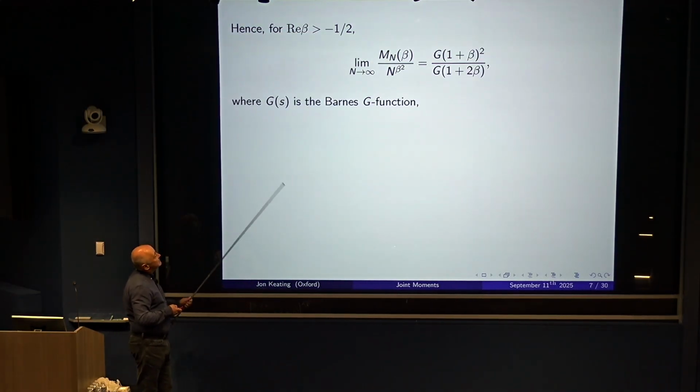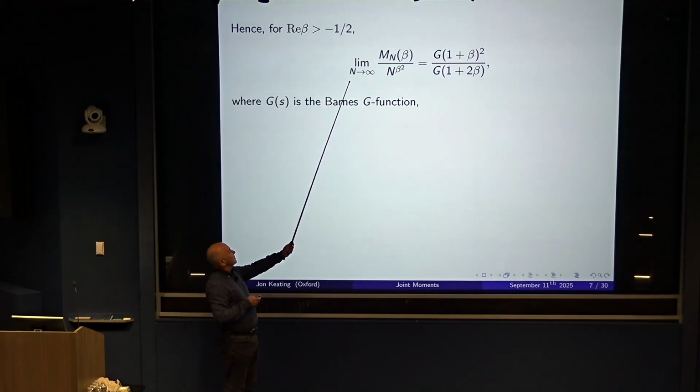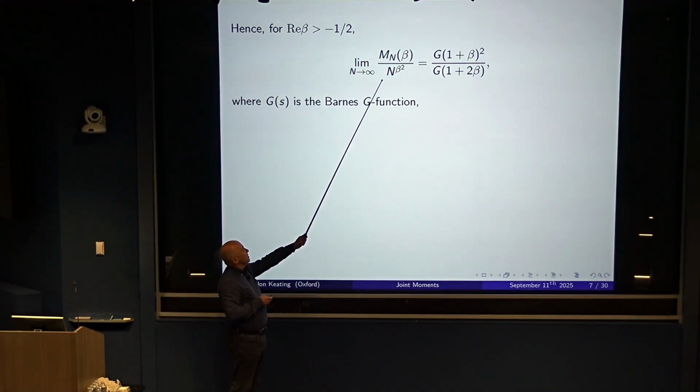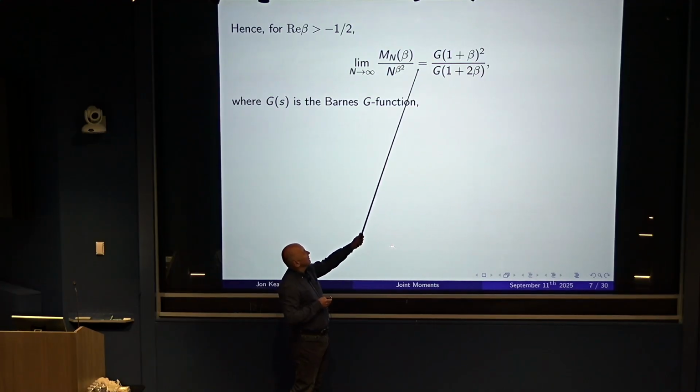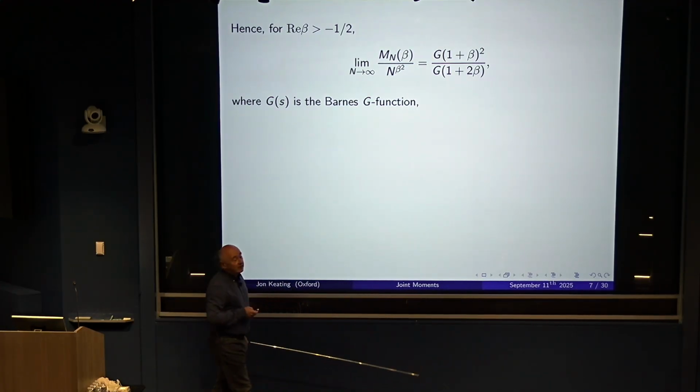Anyway, given that simple formula, you can analyze it. You can take the asymptotics, and you can show very straightforwardly that the moments grow like n to the power beta squared, and this is the coefficient that you get, the function, if you like, that makes that an asymptotic formula. It's a ratio of Barnes G functions.